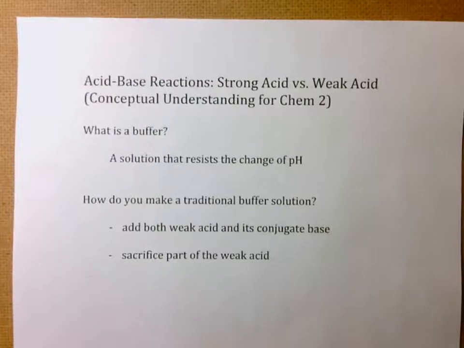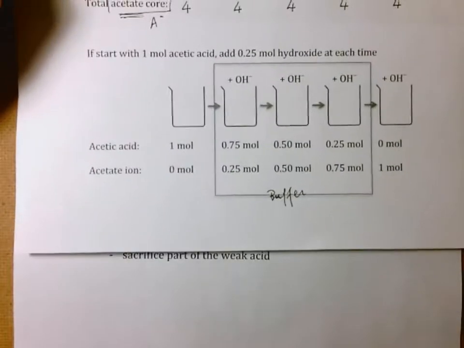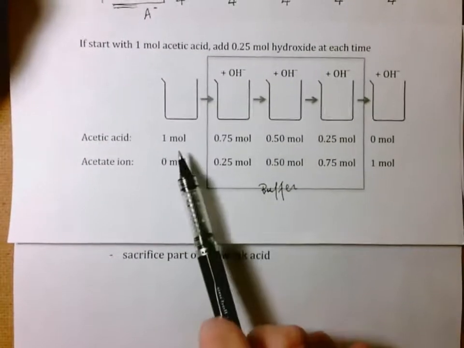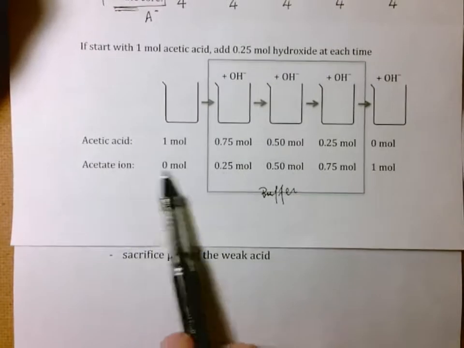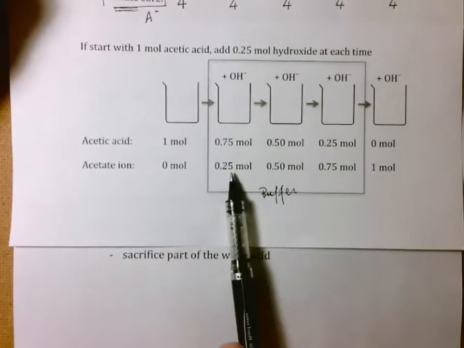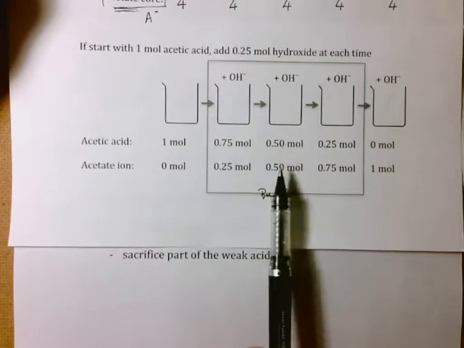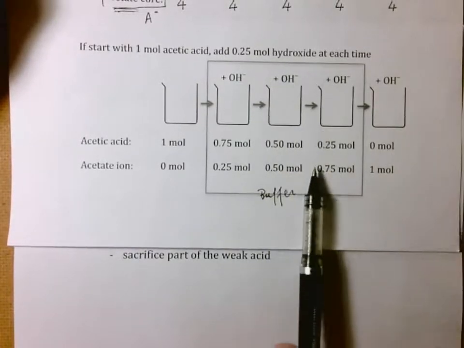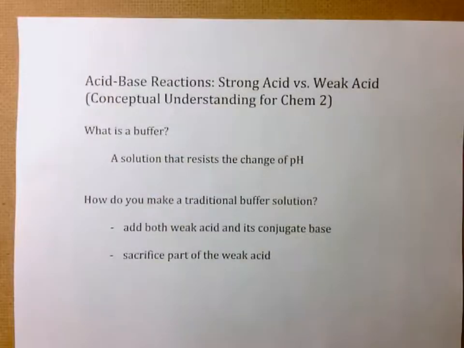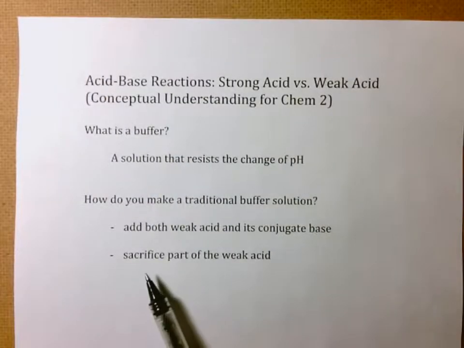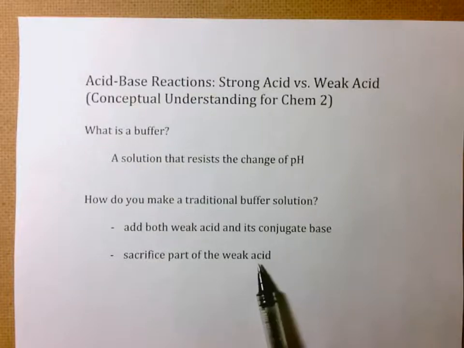But we saw this. We saw the reaction right here. We are adding hydroxide to produce the conjugate base. Add more hydroxide, you produce more. Add more hydroxide, you produce more. So another way to do that is to sacrifice part of the acid.